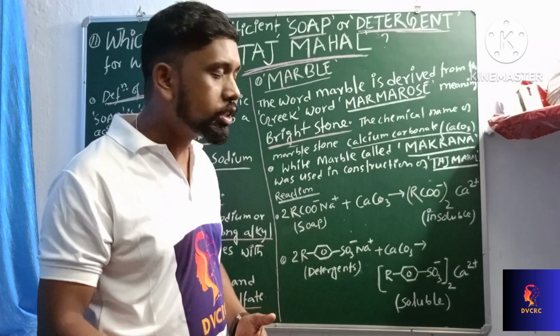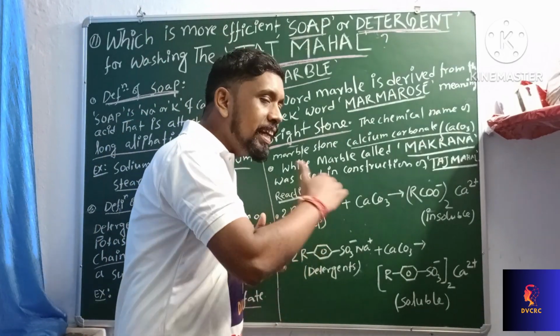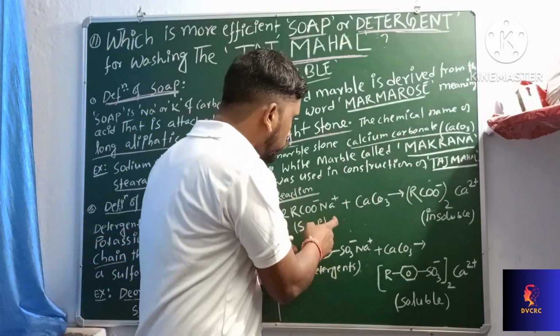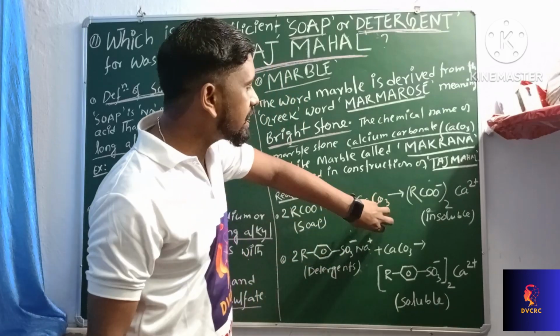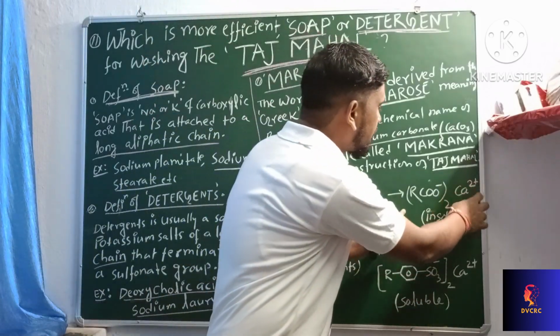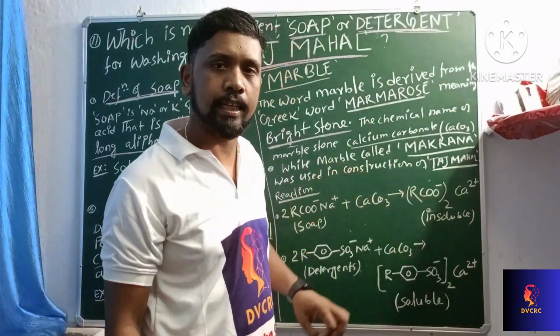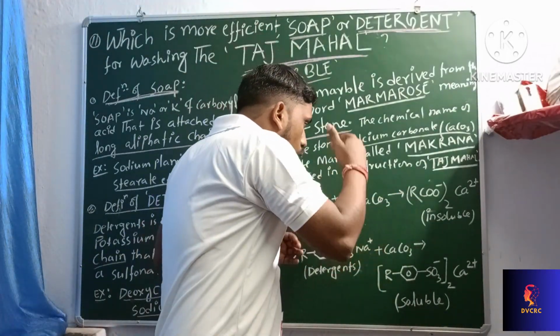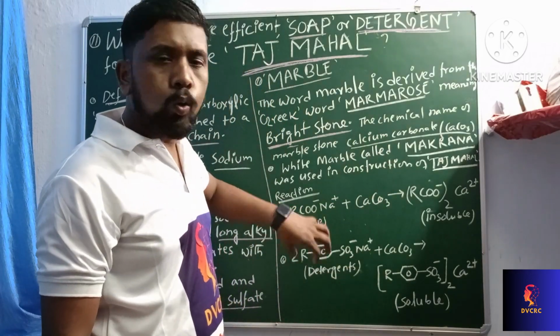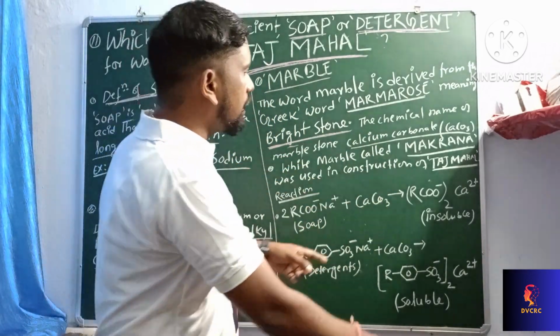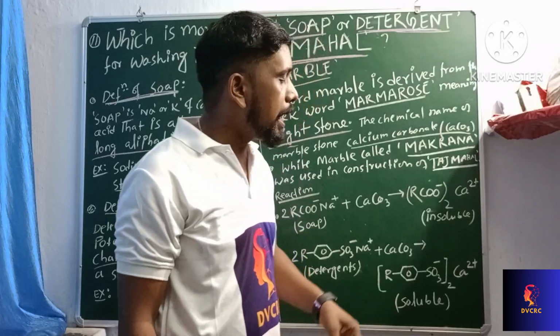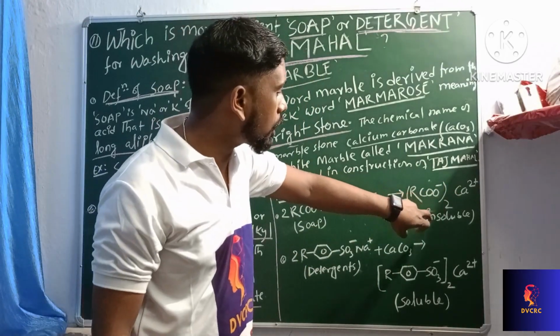So when we use soaps to clean this marble surface, soaps react with calcium carbonate to form this type of product, and this type of product is insoluble in nature. So when we use soap to clean the marble surface, these insoluble products are formed, and the color of these insoluble products is gray.